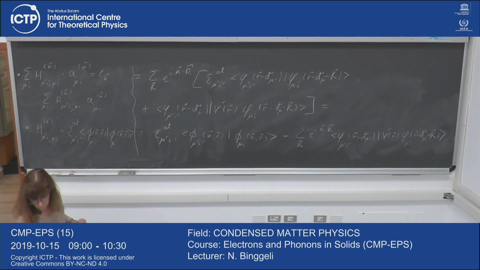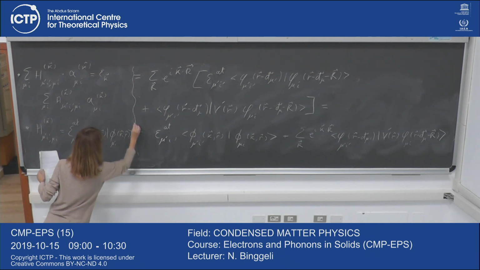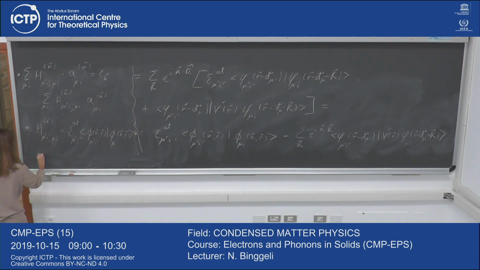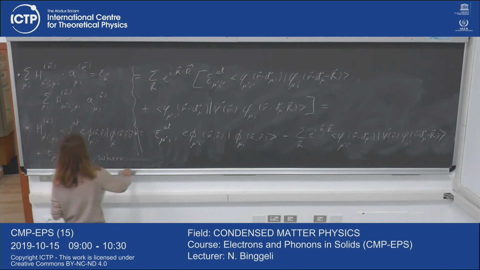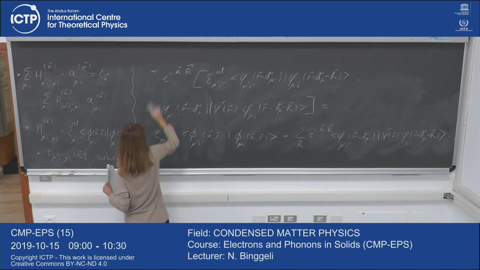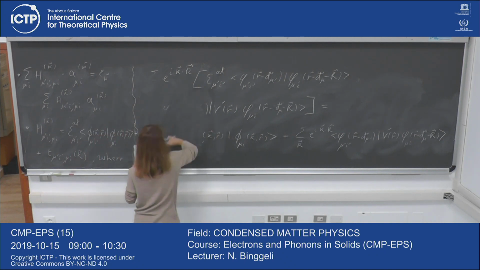So this is the matrix element of the Hamiltonian. Okay, and I'm missing the second part, mu prime I prime mu I. And this T are what we call the hopping terms.